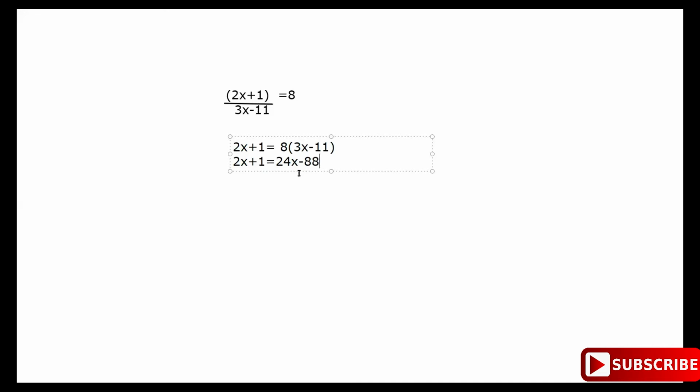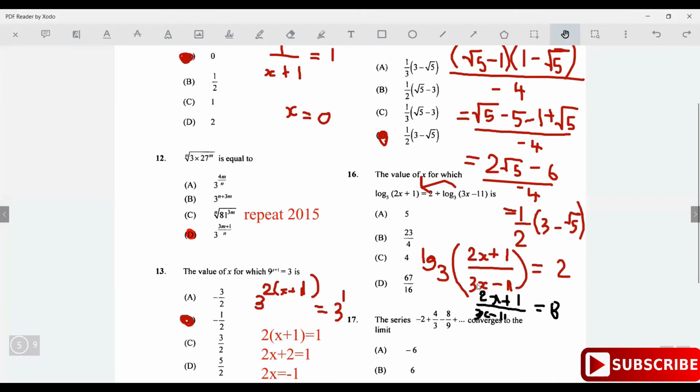We carry over the 2x, and so we get 22x is equal to, carry over the 88 over here. We get 89, and something looks filthy. All right, just checking those answers because something looked a little filthy.